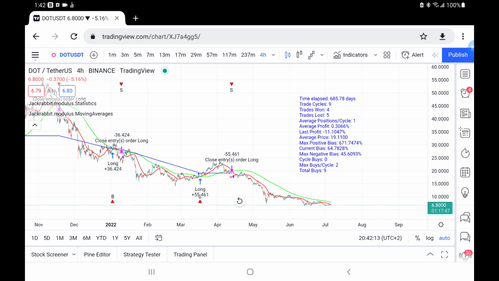Okay, here we have the statistics for Polkadot. The last profit was minus 11%, but the average profit is 19% per trade. So for 4 winning trades, it made 19%. That's a huge deal. So you're not going to get away with easy trading in trend following. And it's difficult to really tune out the losses.